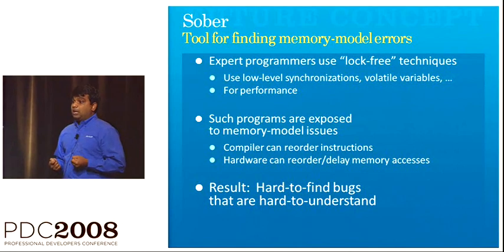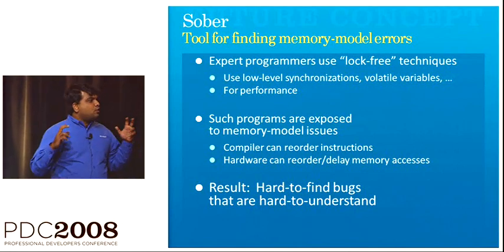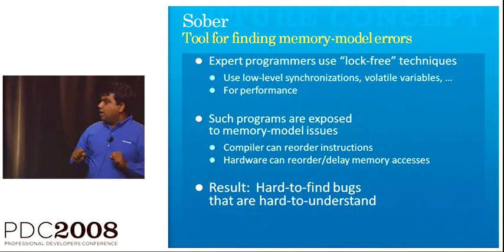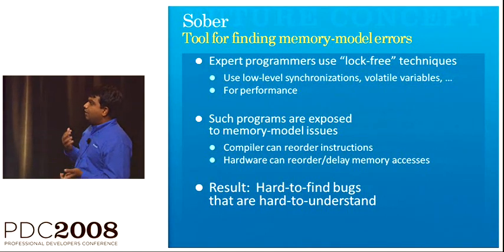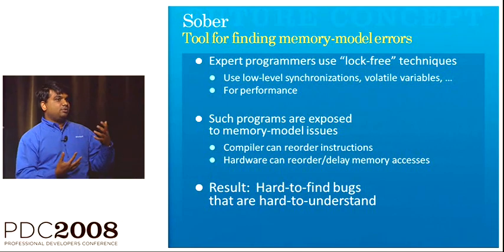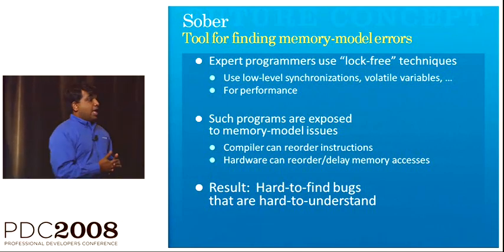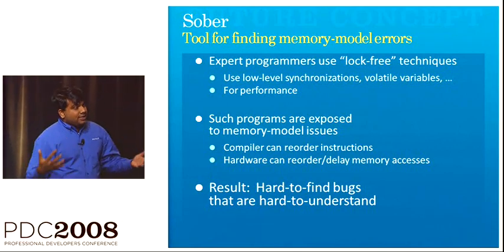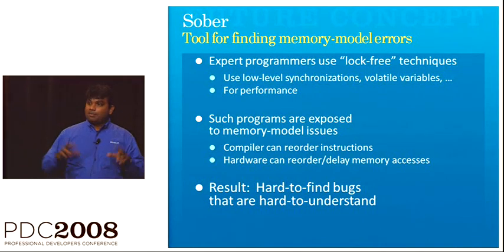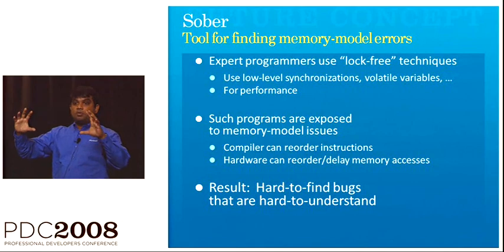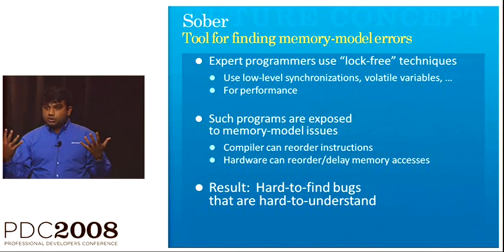They typically try to avoid using locks because locks are expensive. And so with these lock-free programs, what can happen is that you're using low-level primitives like volatile variables to do your synchronization. And then these programs are exposed to memory models. Essentially by memory models, what I mean is that when you run your program, your compiler can reorder instructions.